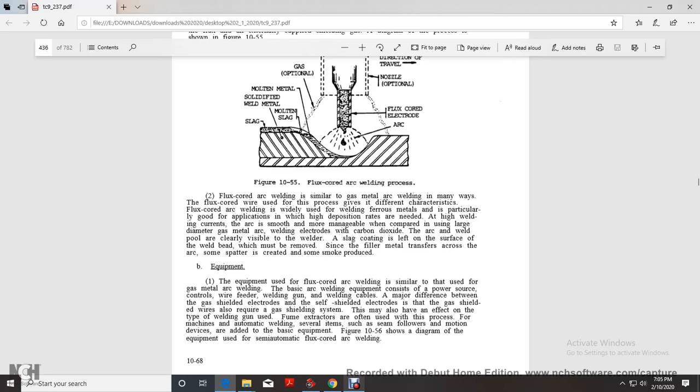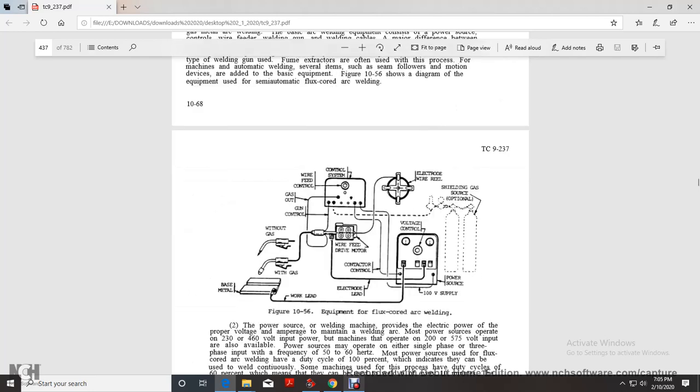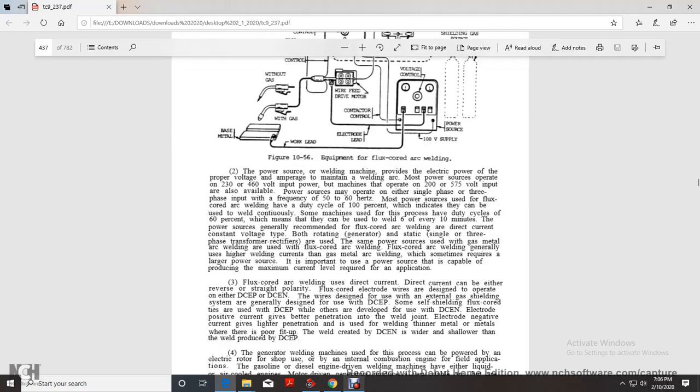For automatic welding machines, several items such as seam followers and motion devices are added to the basic equipment. Figure 10-56 shows the diagram of the equipment for semi-automatic flux core arc welding: base metal, work lead, gas, without gas, gun control, gun, wire feed, gas control system, wire feed motor, contactor control, electrode lead, 100 volt supply, power, voltage control, electrode feed, wire feed reel, shielding gas source (optional).